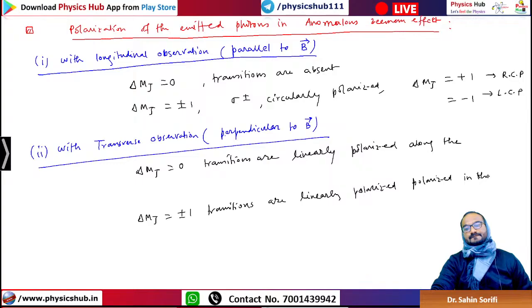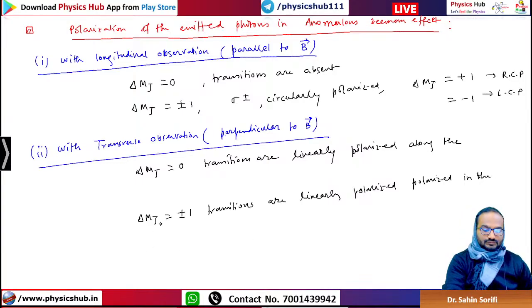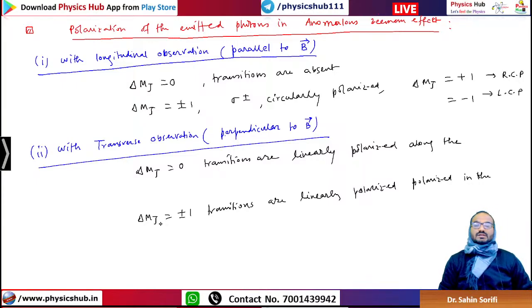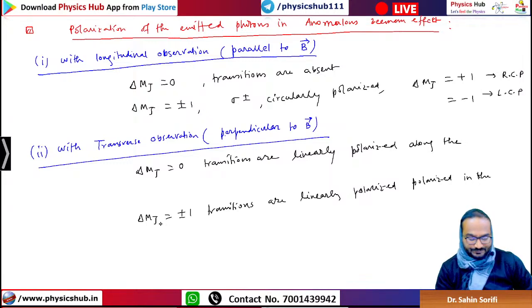Tell me, delta mj equals 0, these are linearly polarized along which direction? Which axis? Let's say the magnetic field is applied along the z axis. So along which direction will it be? Harry, Murli, Ajay, Vantage, tell me quickly.